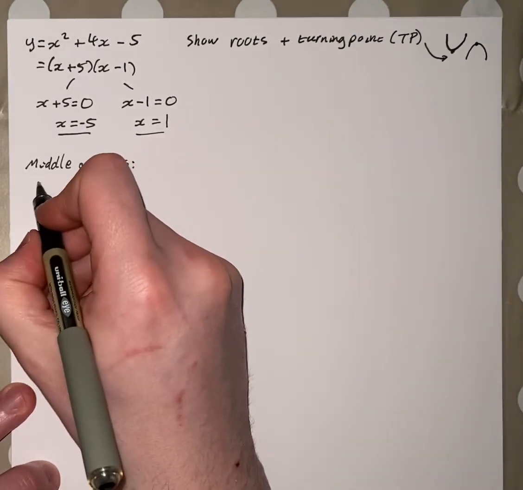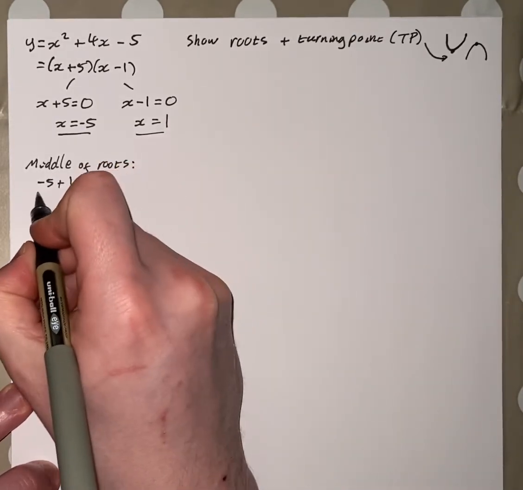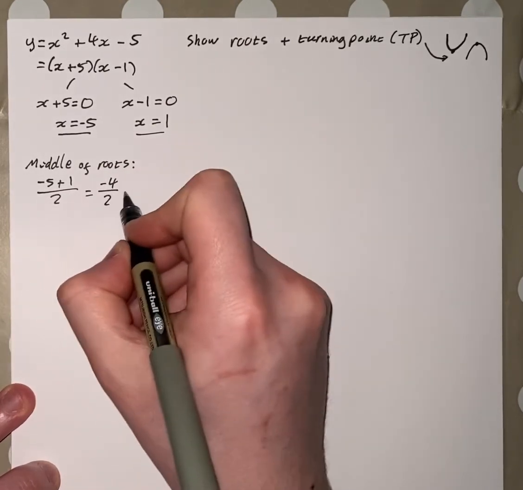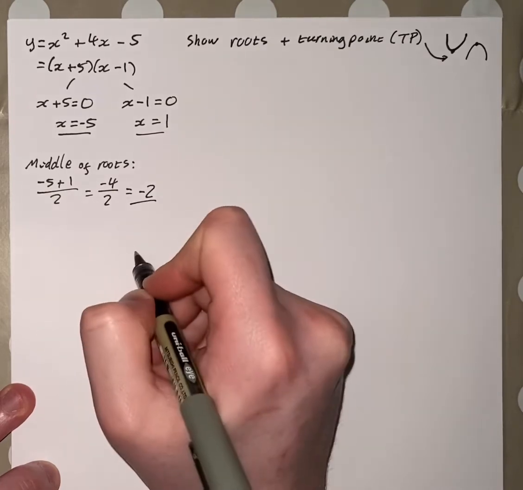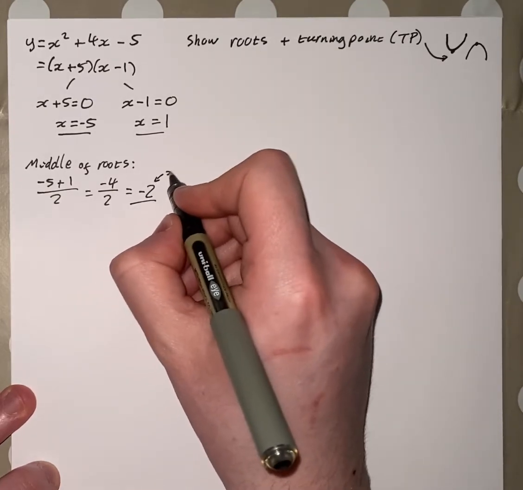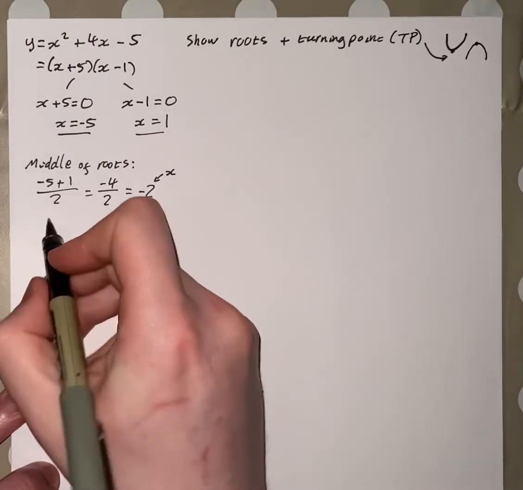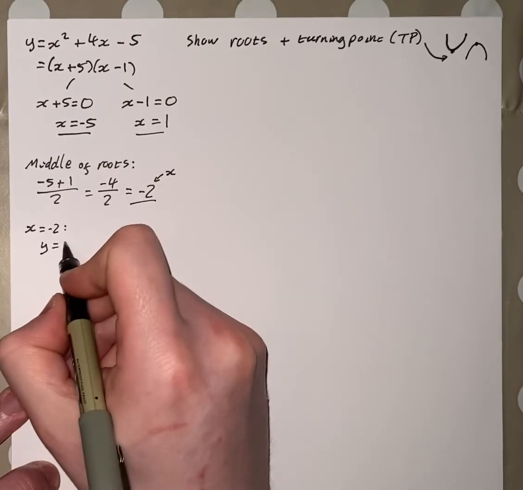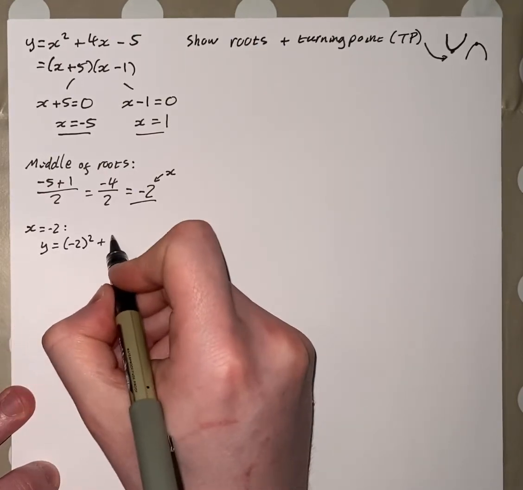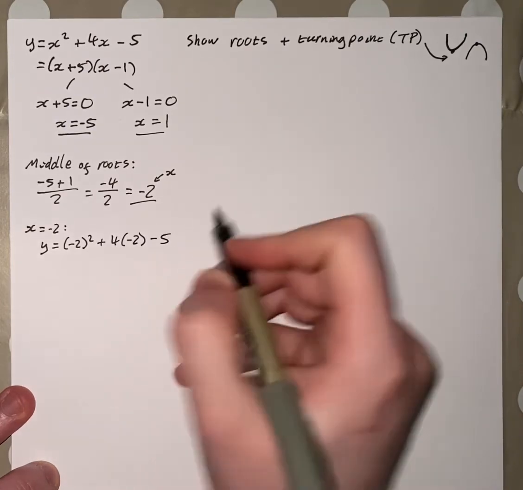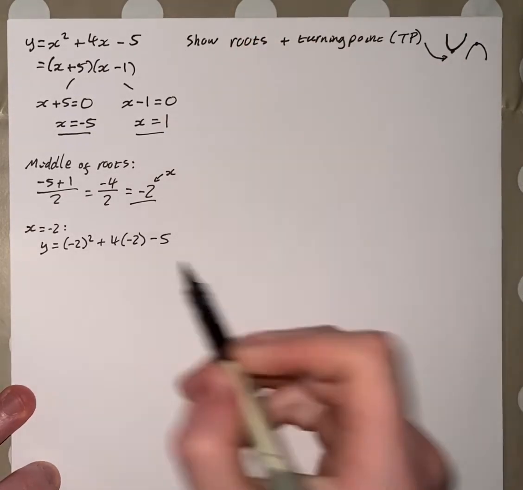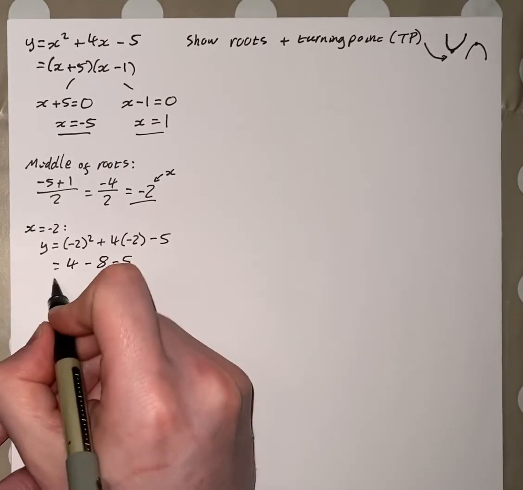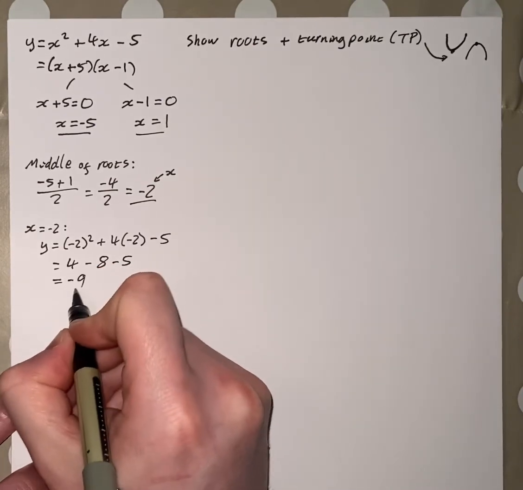So what we're going to do as a wee trick, if you're not sure, is take our two roots, add them, and then divide by 2. So in this case, -5 plus 1 is -4, divide by 2 is -2. So that is our x value for our turning point. What we're going to do now, same as we did yesterday, x equals -2, so y equals -2 squared plus 4 times -2 minus 5, just taking our original equation and putting -2 in. 4 minus 8 minus 5, 4 take away 8 is -4, minus 5 is -9.